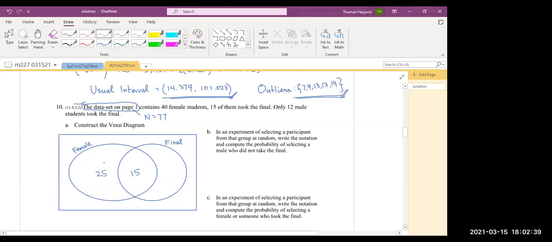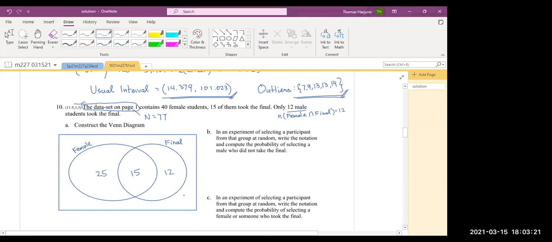And then only 12 male students took the final, so what should I write here? 12, because it says 12 male took the final. So the number of students who are not female, outside of female and inside the final, is 12.